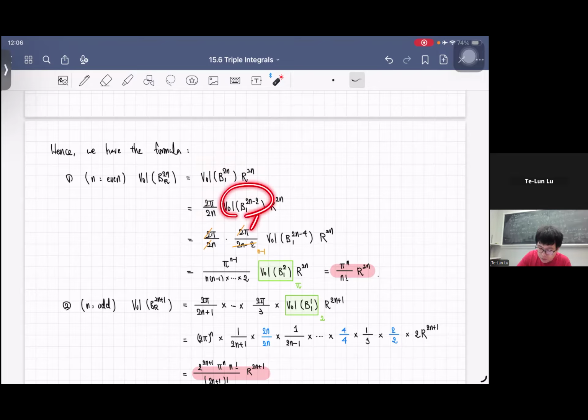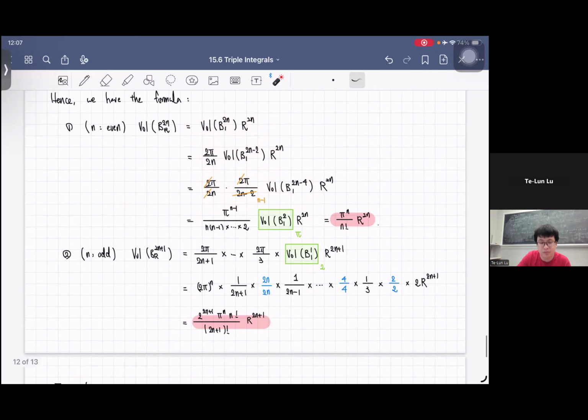This guy will be 2 pi divided by dimension, and you have the volume of the ball with dimension subtracted by 2. So we see that the coefficient is pi over n here, pi over n minus 1 here, and that all the way corresponds to pi over 2. And the rest of the thing is the volume for B1 2, the two-dimensional ball with radius 1, basically a disk of radius 1.